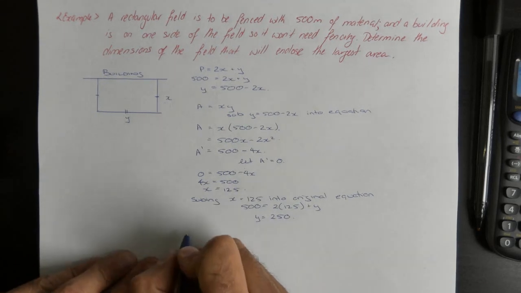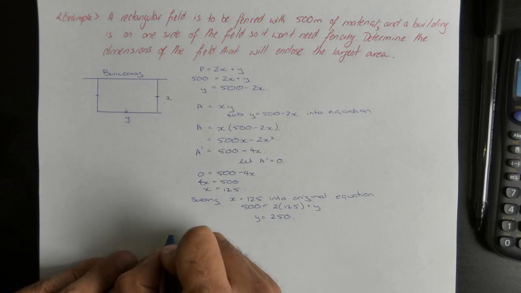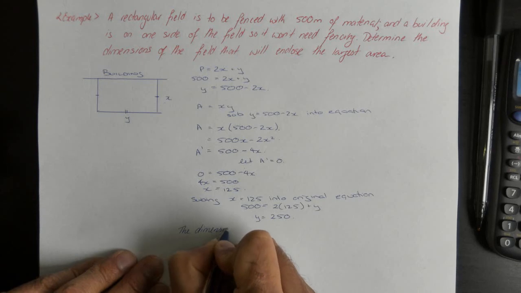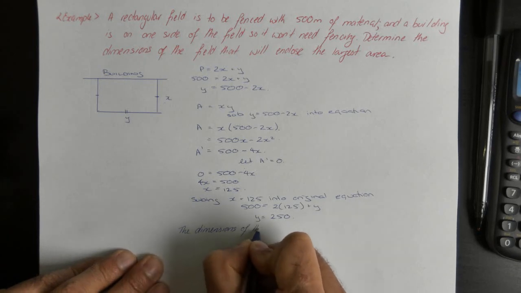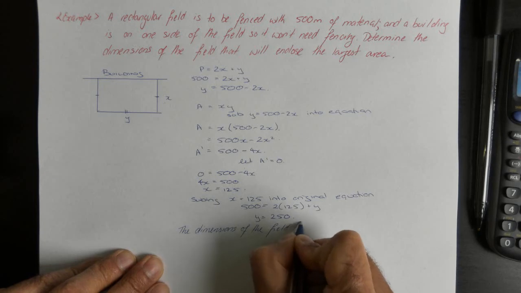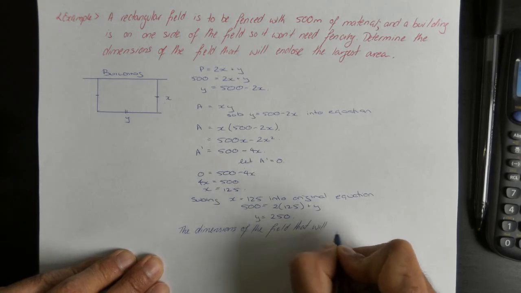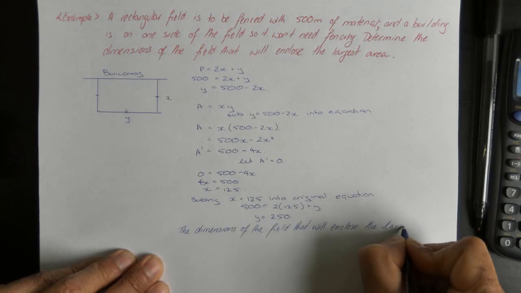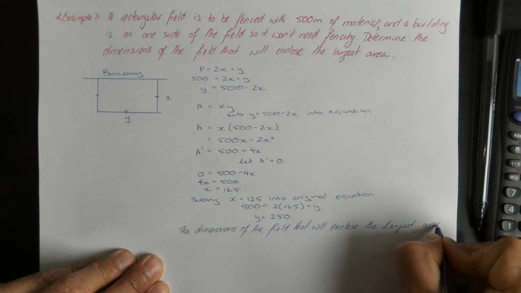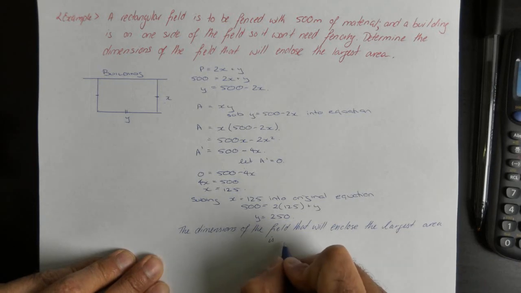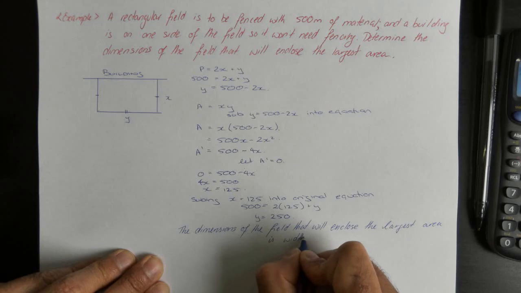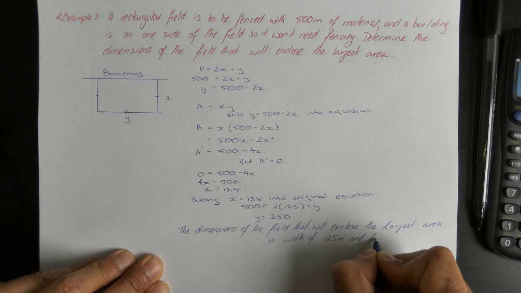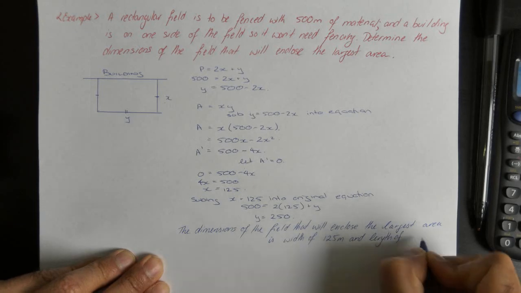So the dimensions of the field that will enclose the largest area is the width of 125 and length of 250.